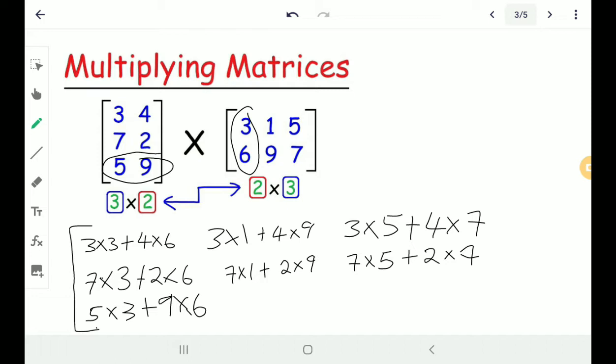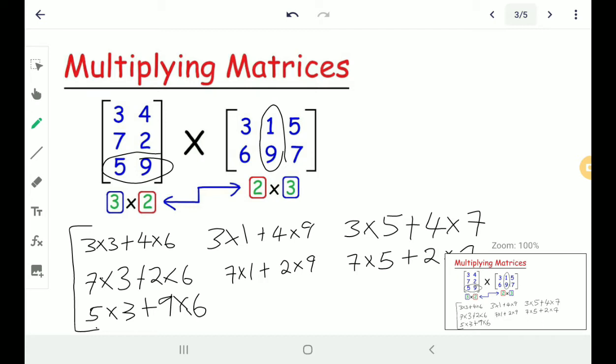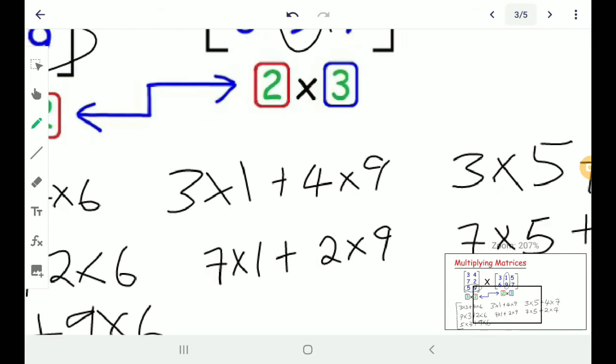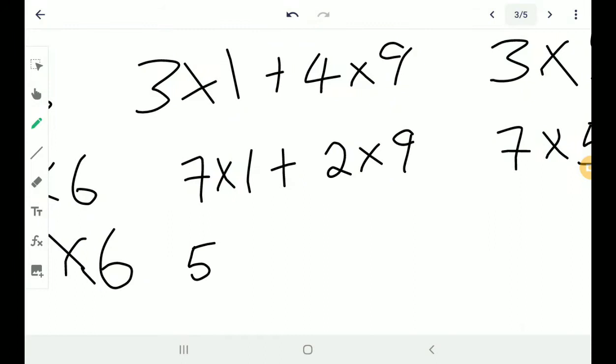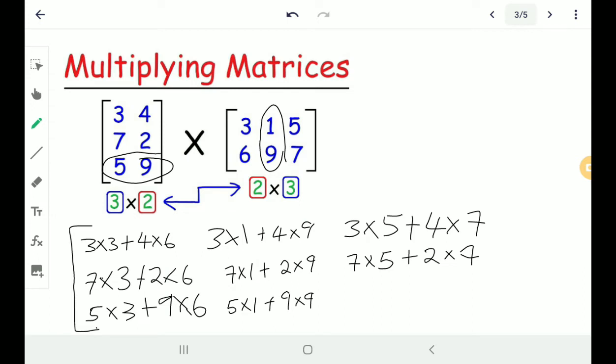Alright? And then we go to the next column, which is 1 and 9. So this is 5 times 1 plus 9 times 9. Alright? And then we're going to move to the next column.